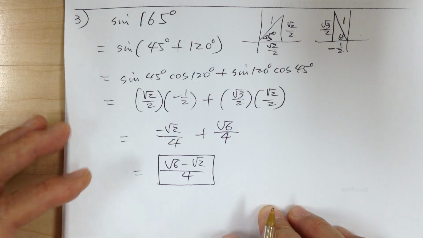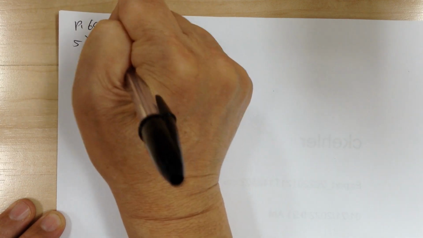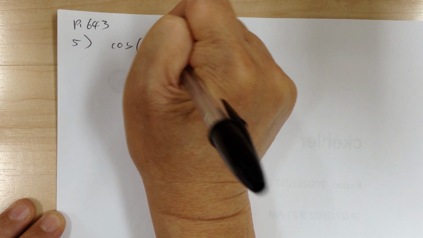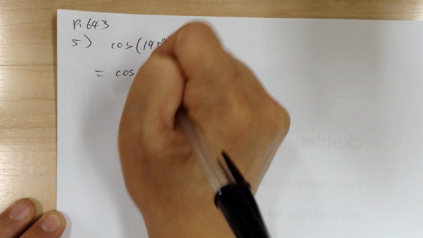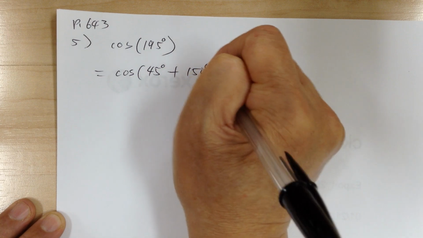Okay, let's go to the next one. Cosine of 195 degrees. Okay, so again, this is going to equal cosine of, when there's a 5, I'm going to use 45 degrees, and the other one would be just 150.